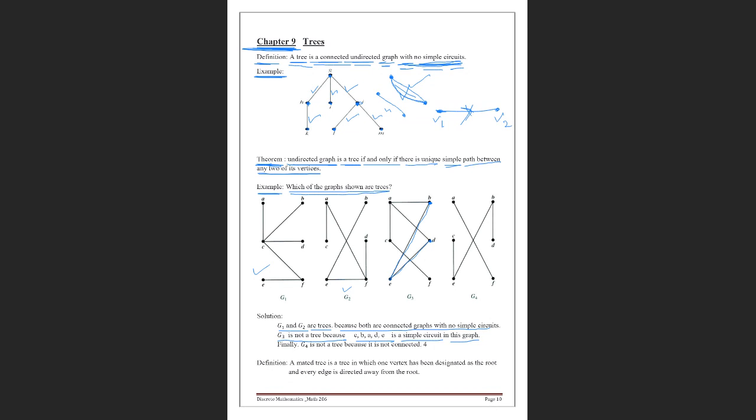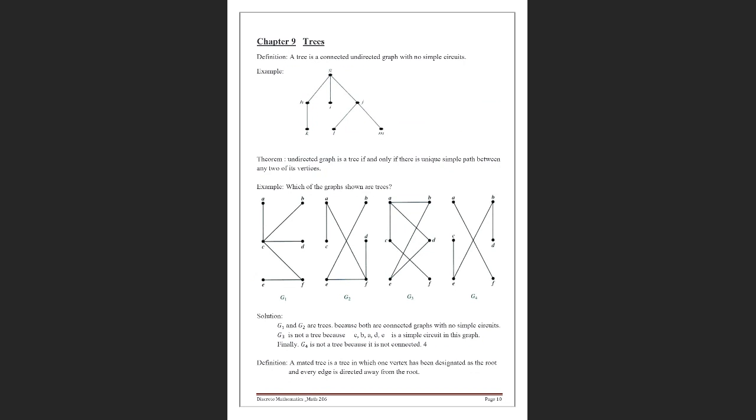And if you start from B, you can go here to A, and again you can come here at D. So you can see there are two paths, and between any two vertices there must be only one path, one way. But here, if you want to come from B to D, you start from B and come to D. So one way is you can go here to A, and from A you can come here at D. And the second way is, start from B, come here to this vertex, and then you can come here at this vertex D. So there are two ways. This is called a simple circuit.